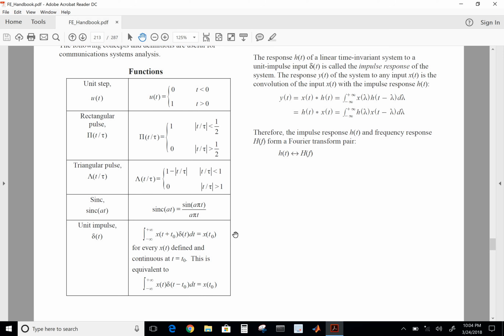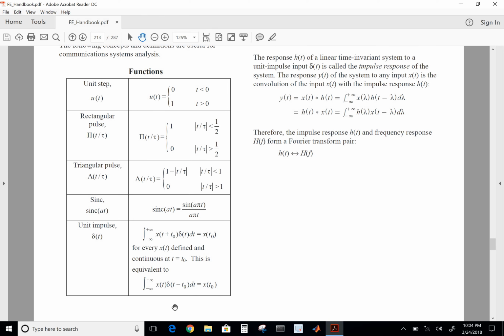And here we have two properties that equal each other. We have the integral from negative infinity to plus infinity of this shifted x signal multiplied by the Dirac delta function. And then we also have its equivalent integral from negative infinity to plus infinity of some x of t with a shifted delta function.